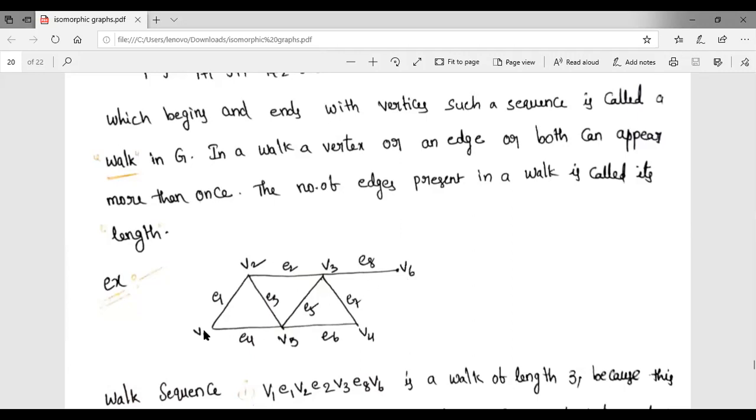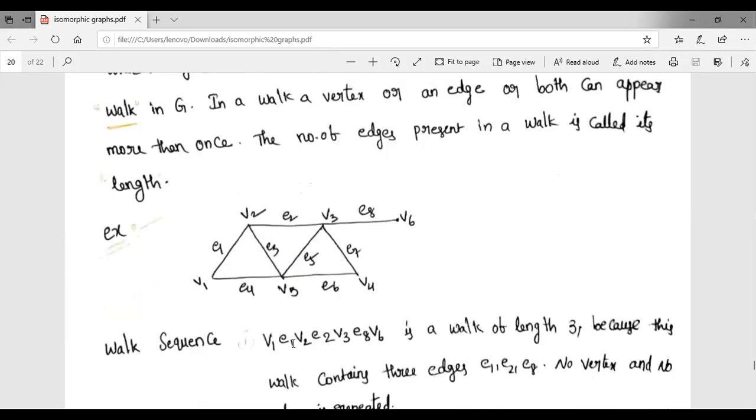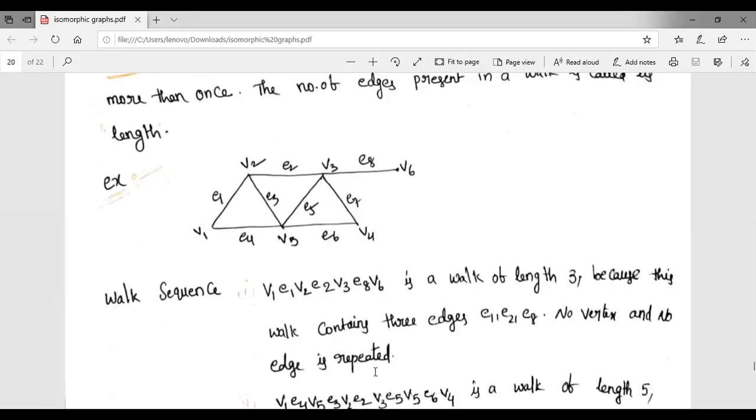Starting and ending with vertices is called a walk. The edges here are 1, 2, 3, so the length of this walk is 3 because it contains 3 edges: E1, E2, E8. In this walk, no vertex and no edge is repeated.